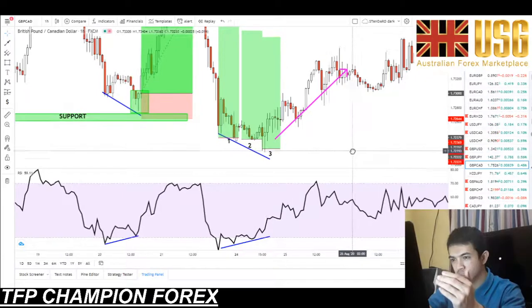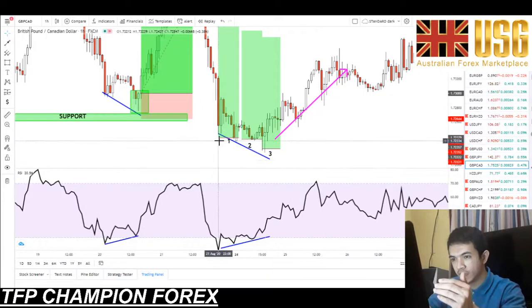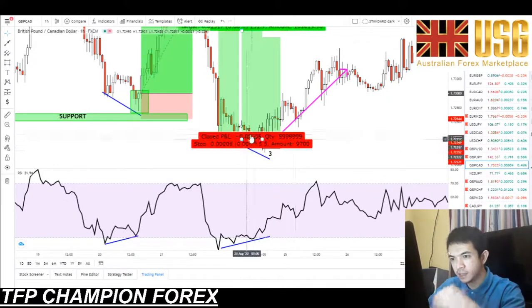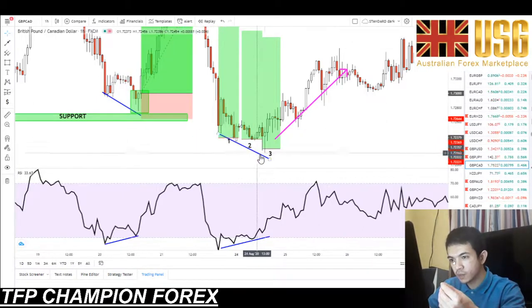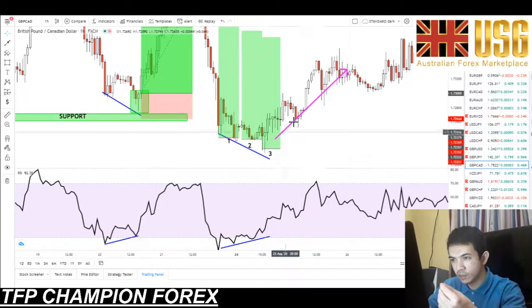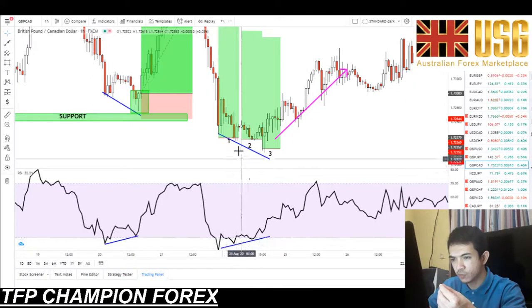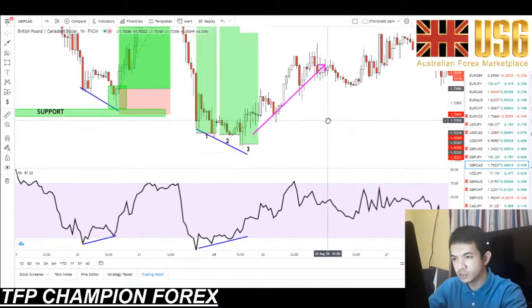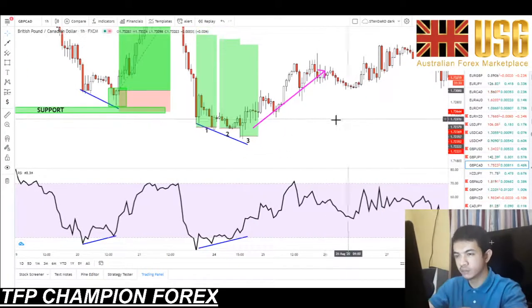So instead of being taken out every time I place a trade, I don't use stop loss. As long as I have enough capital in my trading account, I keep adding positions just to catch this move of the market. Because of course, when you have divergence, definitely the market is shifting its momentum to the opposite side. So that's why it is used to catch the reversal of the market.